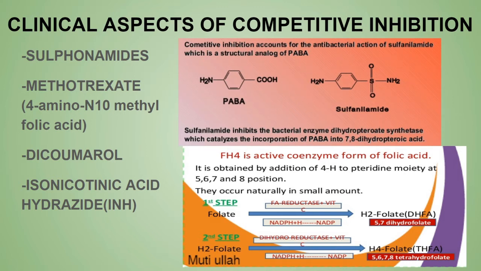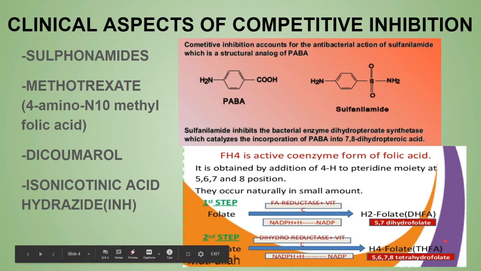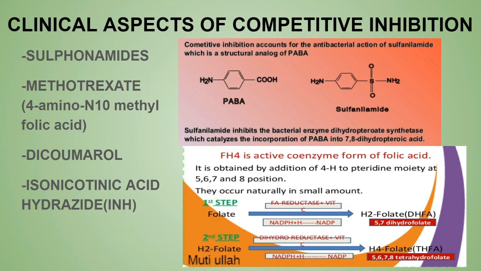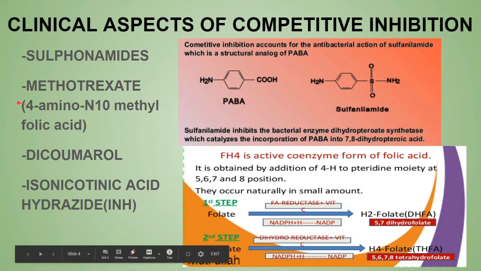Now, because deoxythymidine triphosphate or DTTP is not produced, DNA synthesis is inhibited in the cell, because DTTP is very important for DNA synthesis. Because of this, cell division is inhibited, and so methotrexate is used as an anti-cancer drug.